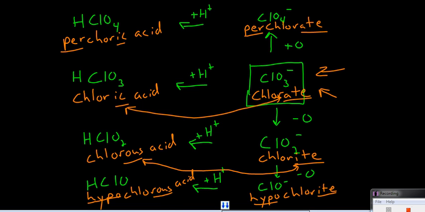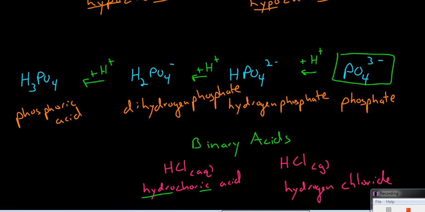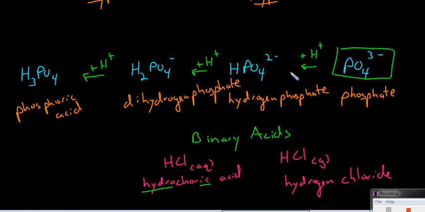Now, some acids, or some ions, might take more than one proton. So, for example, you have phosphate here. This has a 3 negative charge, and so it could take three protons before that negative charge is gone. And so if you are just going to add one proton, then you'll just call it hydrogen phosphate.